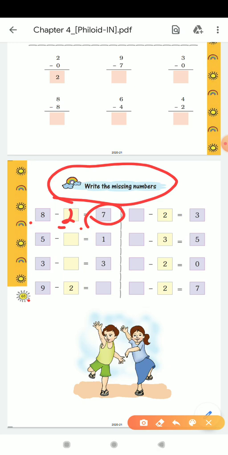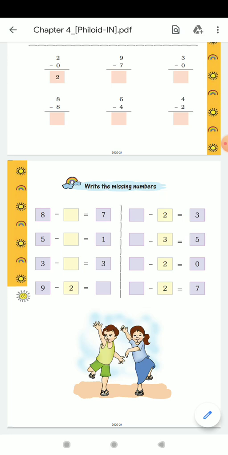So if the second number is subtracted from 8, what will come? 7. But how could we know what the second number is? For that, we will subtract 7. Who is the biggest? 8.